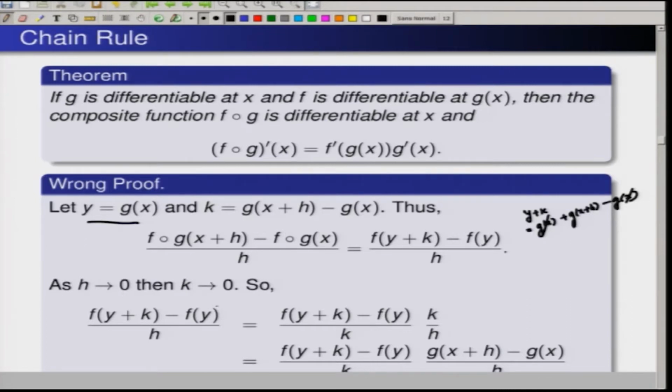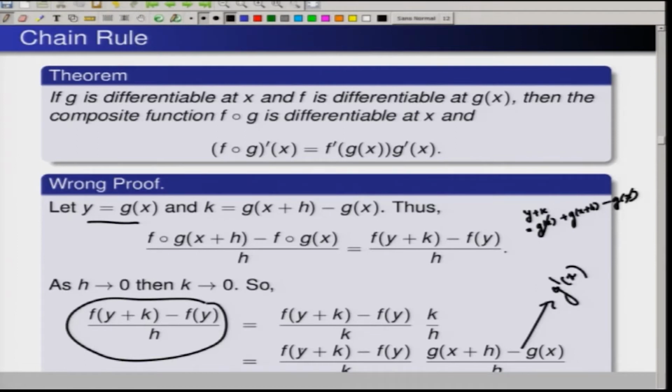Now I can divide by k and multiply by k. Look at this: f of y plus k minus f of y, divided by k, times k, where k is g of x plus h minus g of x, divided by h. Now g is differentiable at x, therefore this limit goes to g prime of x.